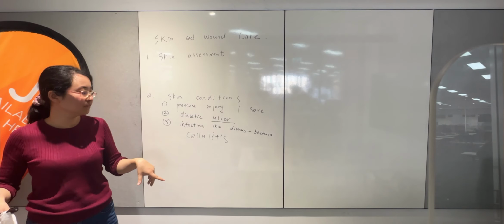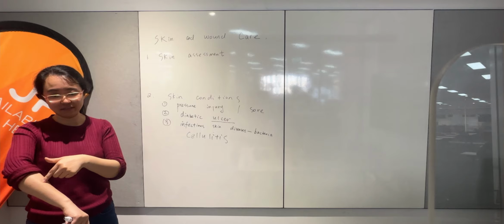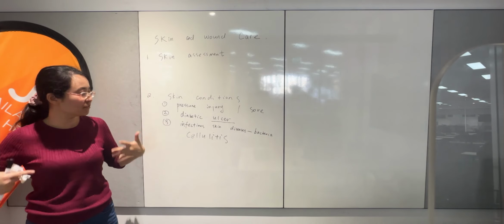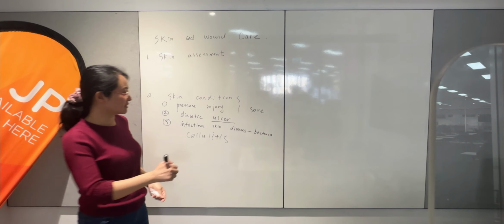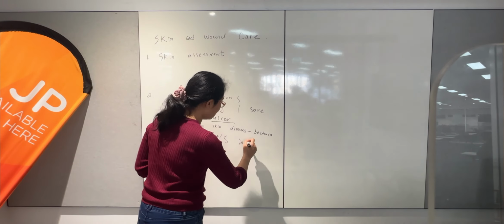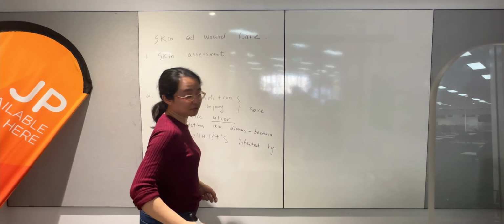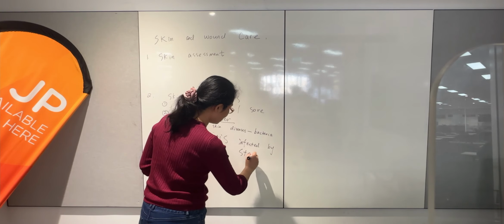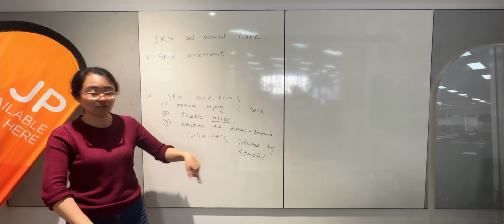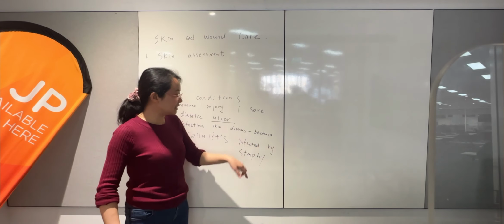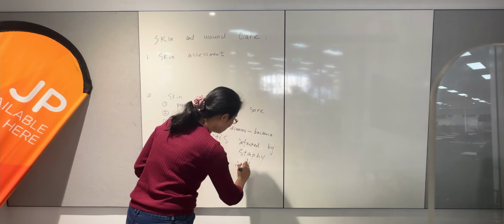This bacteria travels through a broken area on the skin and then triggers a whole infection, the whole inflammation of the skin. Staphy is a very common bacteria that stays in your skin and can cause trouble, right? Infected by this bacteria, it triggers the whole inflammation.